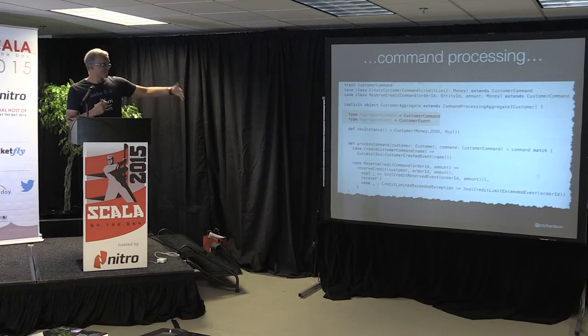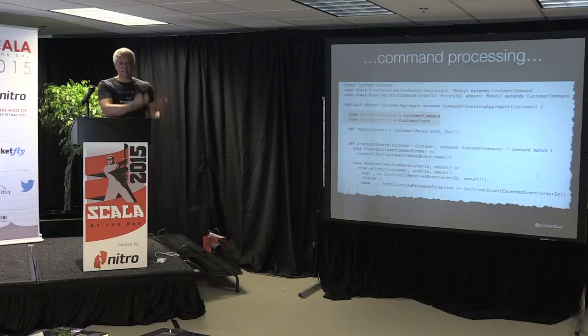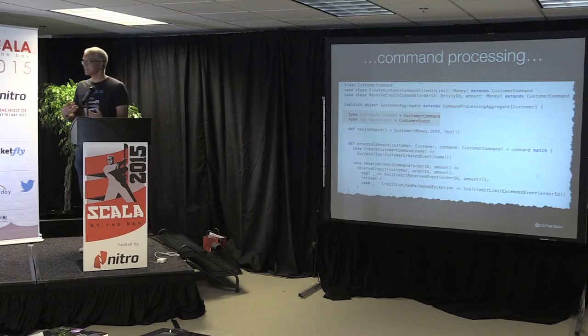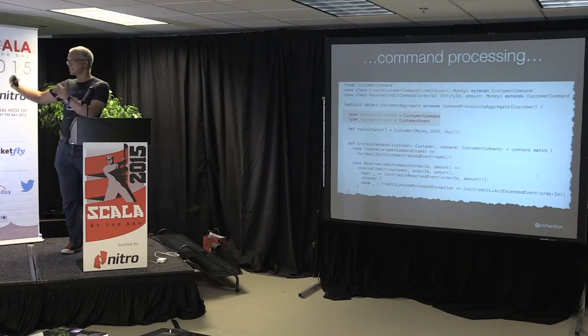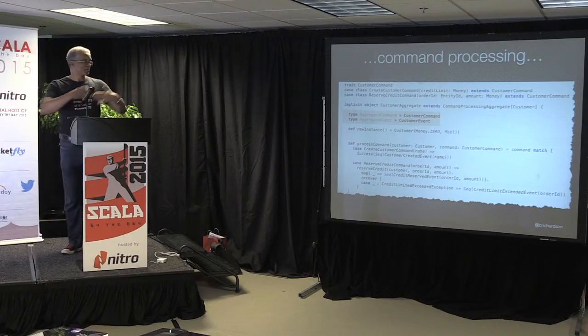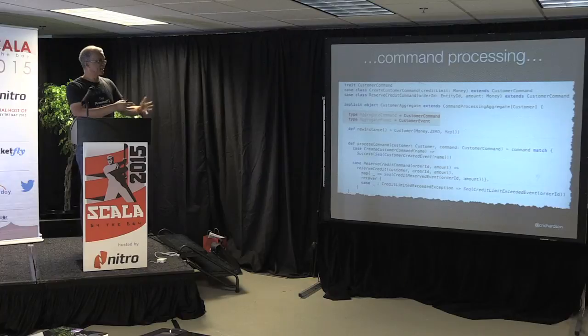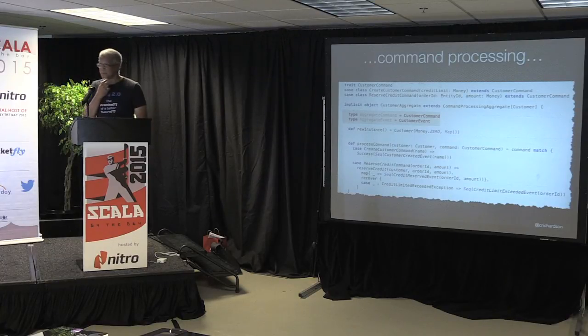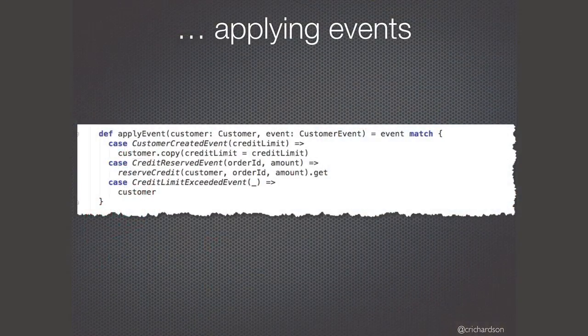In the case of reserving credit, it actually tries to reserve the credit. If it succeeds, it forgets about the updated customer and just returns the event. And if it fails because the credit limit was exceeded, it returns the credit limit exceeded event. So pretty straightforward, and I think some of this could be abstracted away.